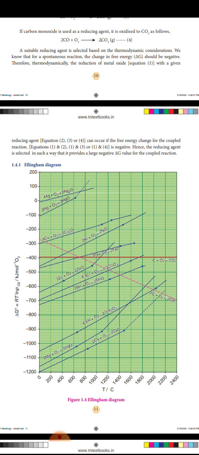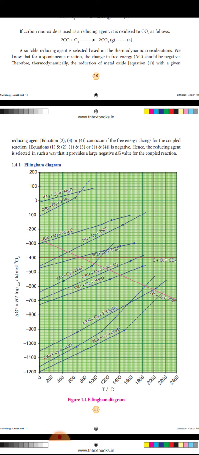For manganese, minus 720. For aluminium, minus 1050. For magnesium, minus 1150. For calcium, minus 1200. This is the value.